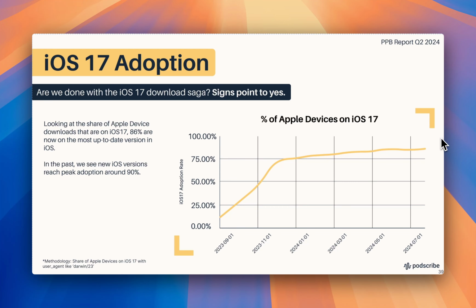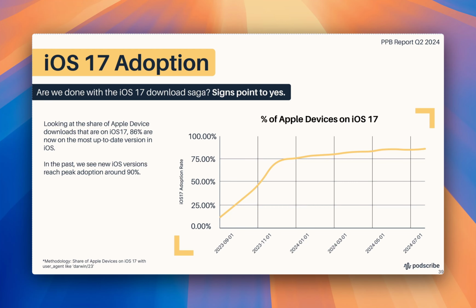So short answer is likely we're no longer going to see much of a dip in downloads, at least as it relates to Apple Podcasts and the iOS sub 17 saga. Within this data, we're looking at the number of Apple devices on iOS 17.